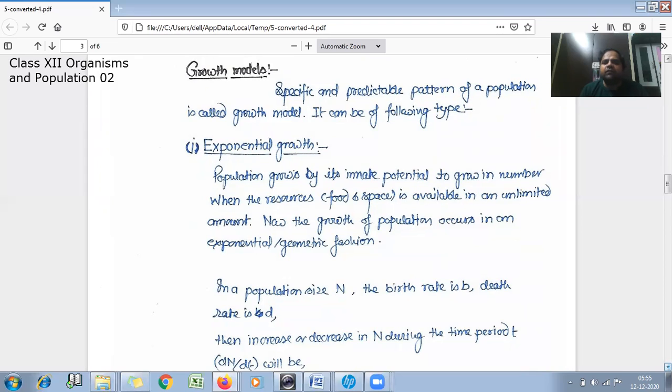The growth of the population then occurs in an exponential or geometric fashion. It means when there is a geographical area and the resources are unlimited, then the growth of the population of a species will be in exponential or geometric fashion.